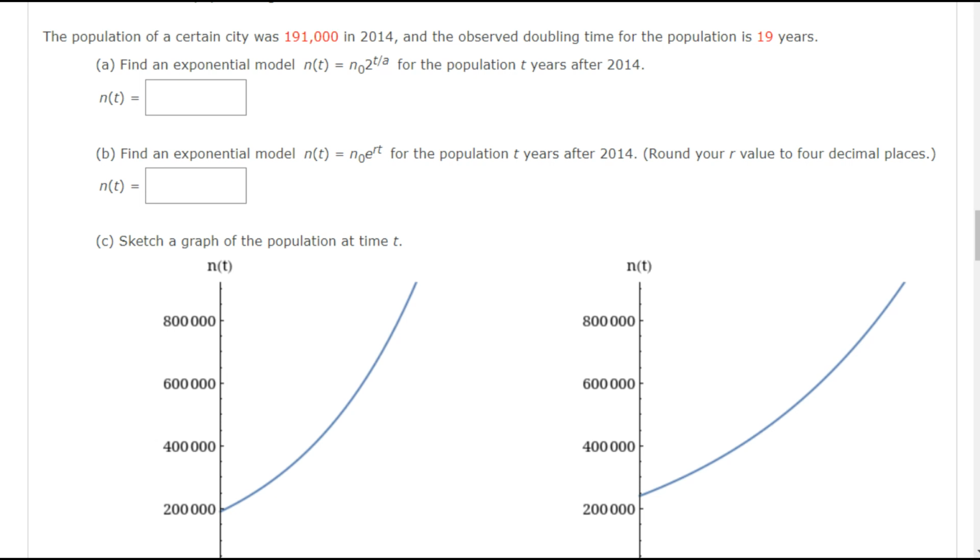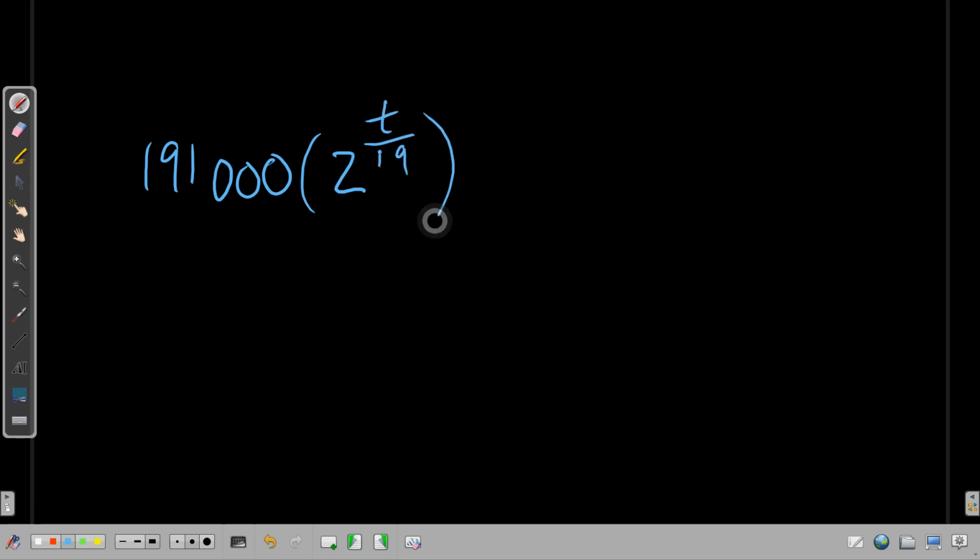So then the model would just be 191,000 to start with, and since it's doubling, my exponential base is 2, and then it's t over 19, because once t becomes 19, it'd be 2 to the power of 1, and that would mean it's being multiplied by 2.